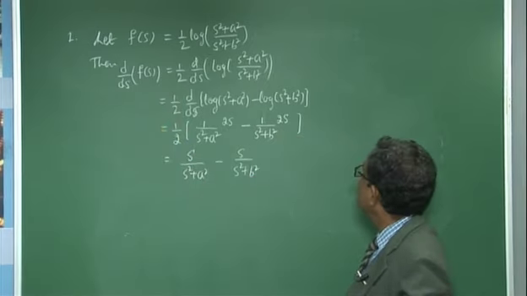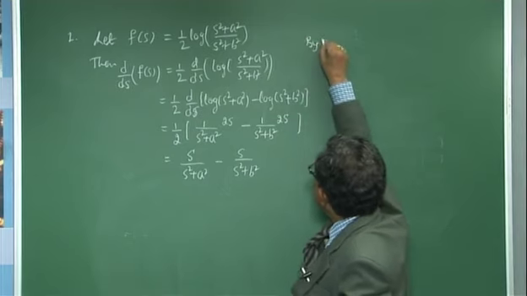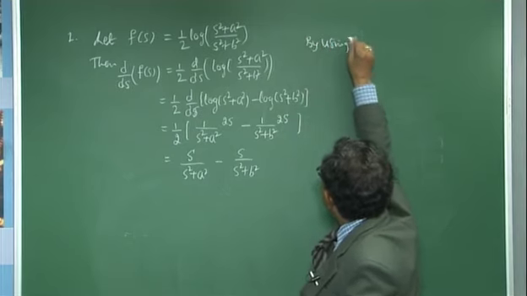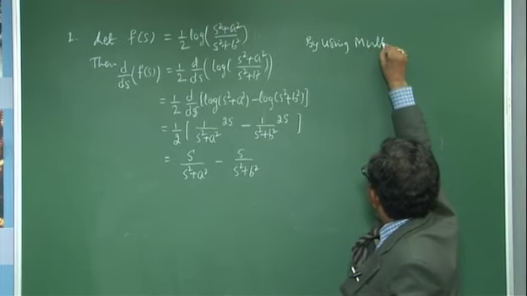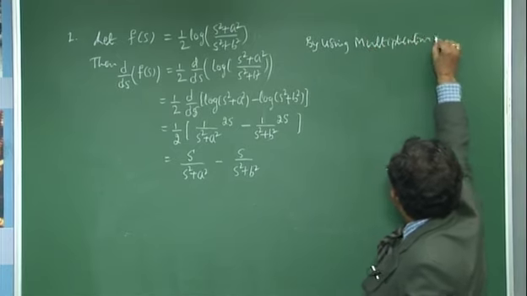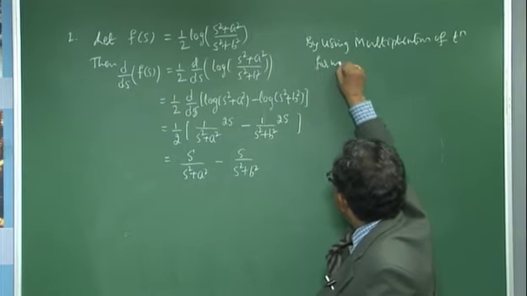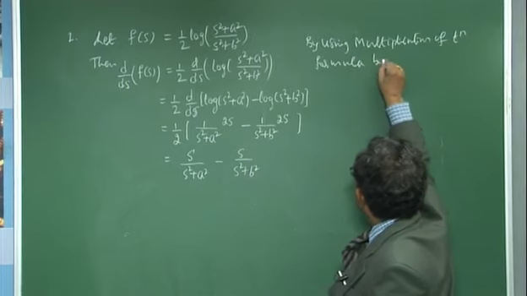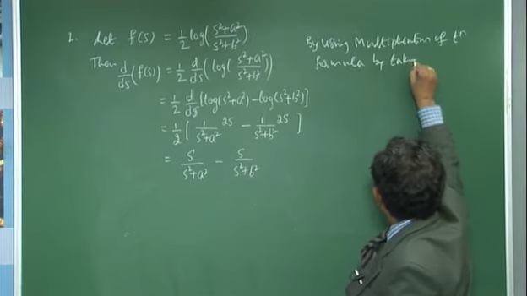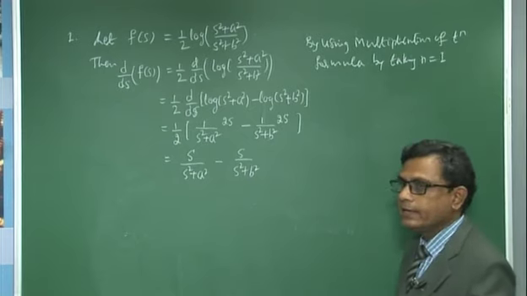Now you can use the formula. What is the formula? By using the multiplication by t raised to n formula, by taking n equal to 1.